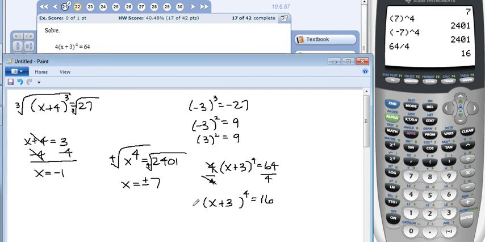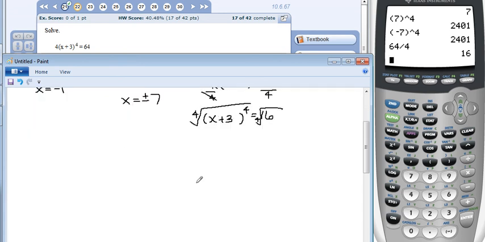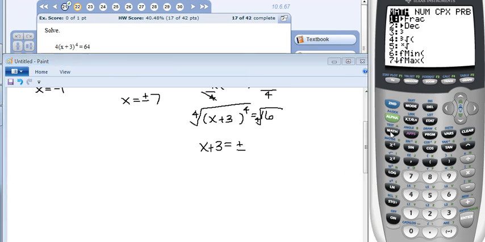Now I'm going to take the 4th root of a 4th. The 4th root of a 4th is itself. So I've got x plus 3. We've got the positive and negative because that was an even. The 4th root of 16 is 2. If you've forgotten that, go into your calculator and let the calculator tell you, but it's 2.